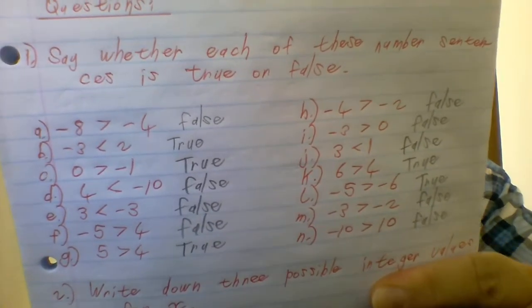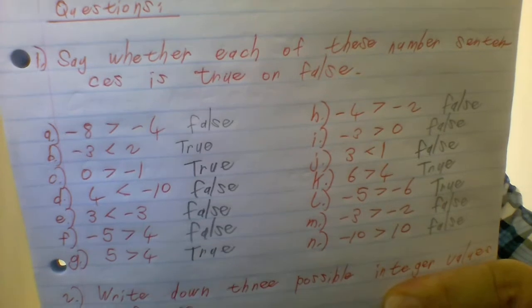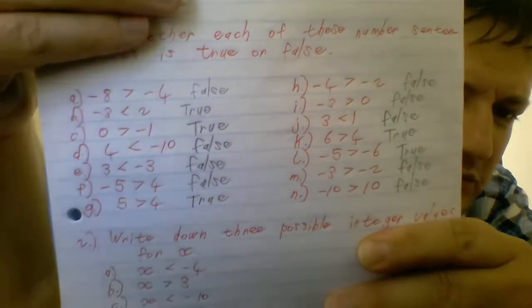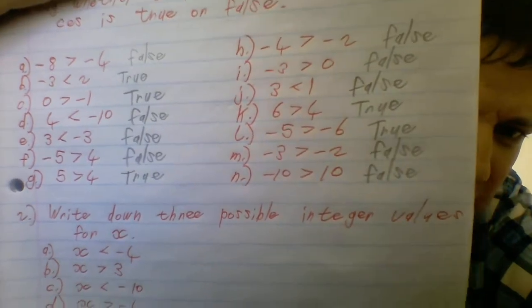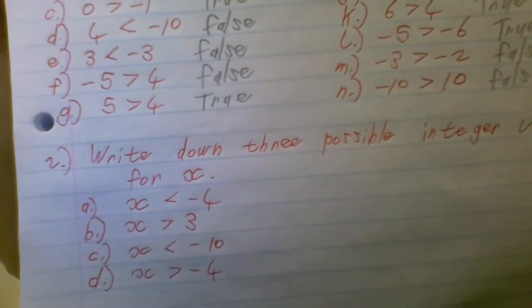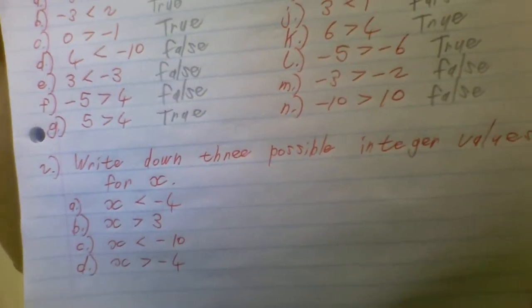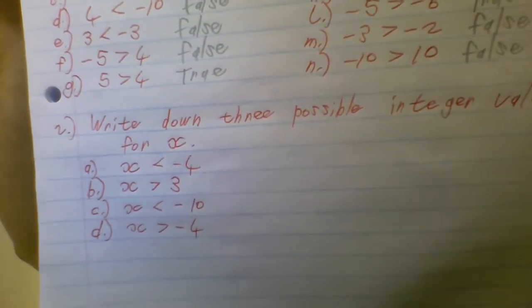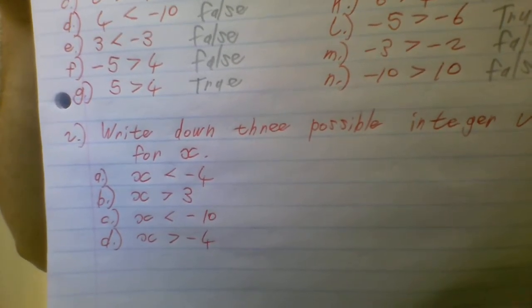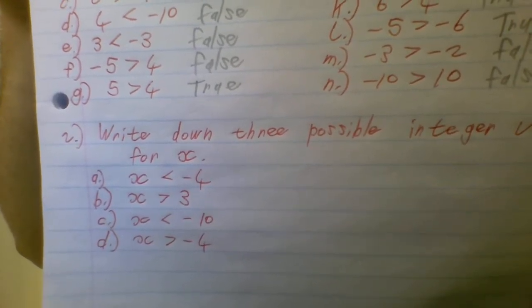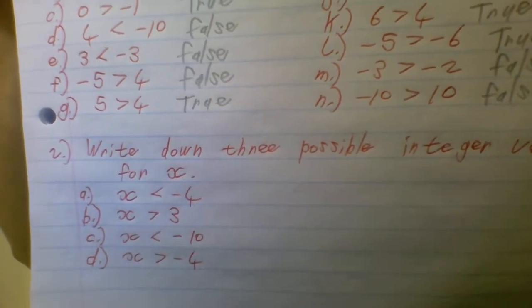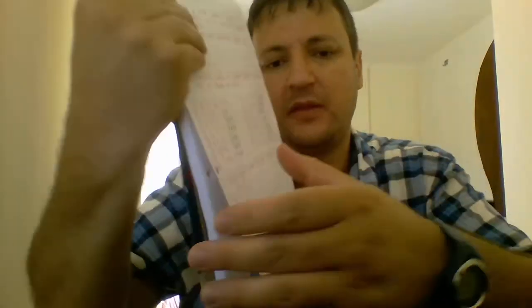So here are the answers for question 1, and also I wanted you to copy question 2. Quickly pause. I'll do the answers with you. Pause, write down the answers and I'll give you the answers now.